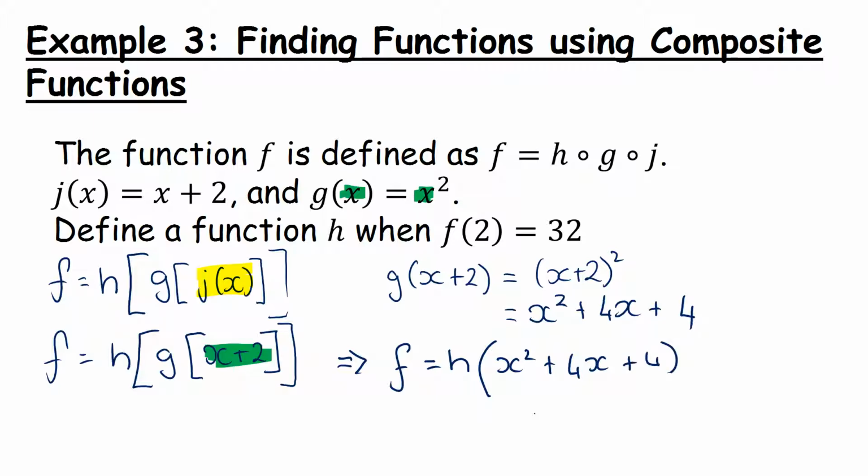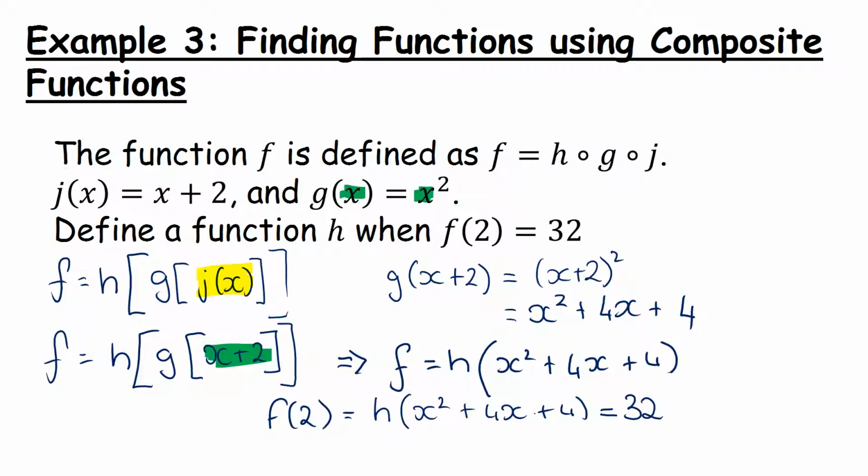So what they've told us is f of 2 is equal to 32. So since we're down to one function now effectively, what we can say is h of x squared plus 4x plus 4 is equal to 32, but only when we sub in 2 instead of x.